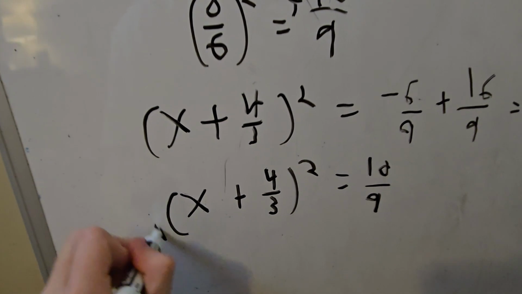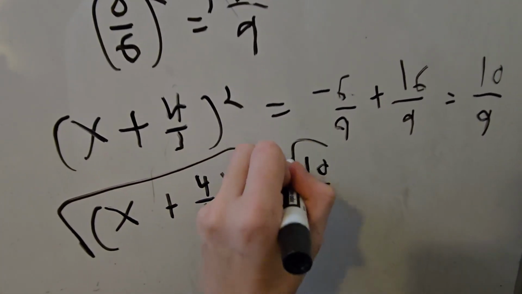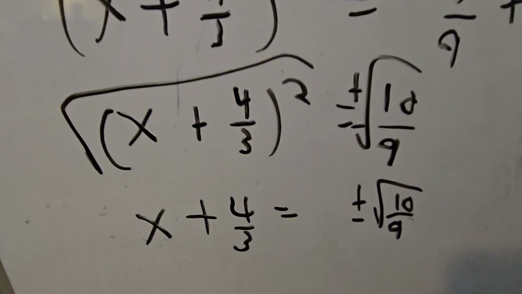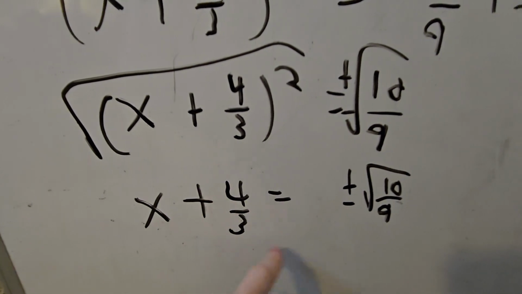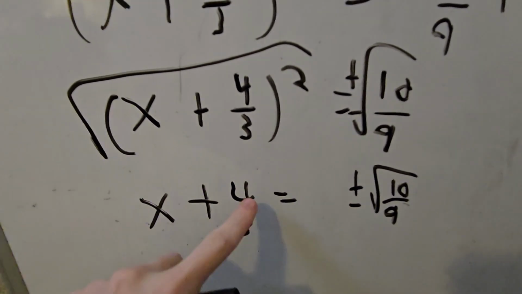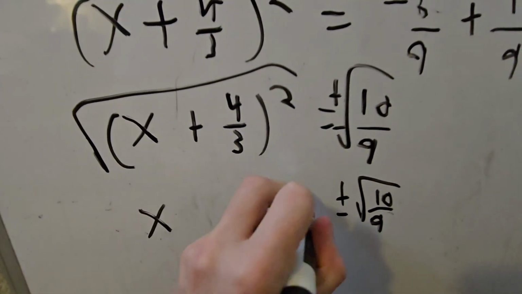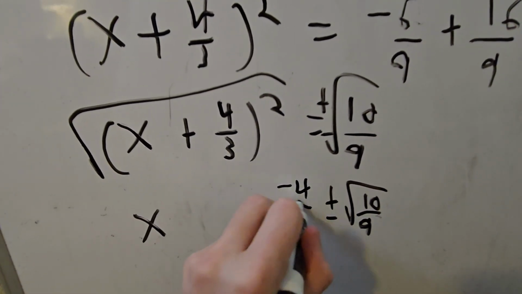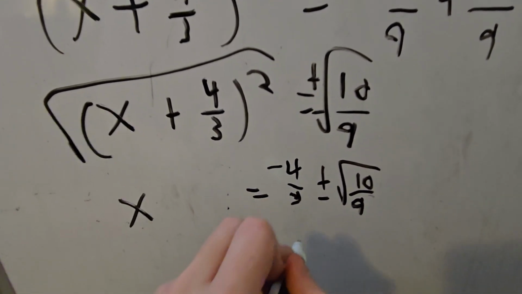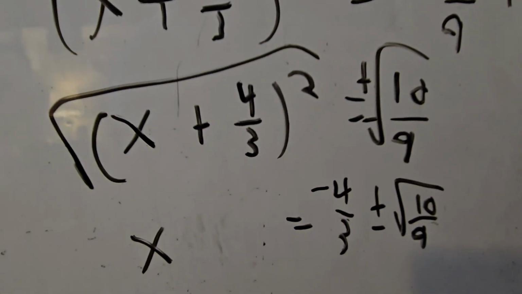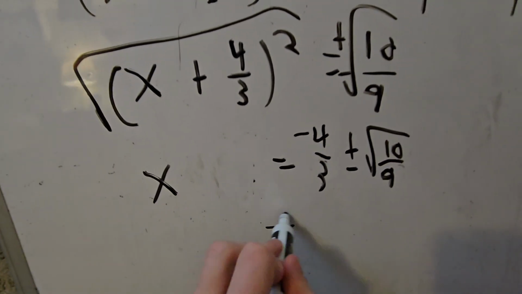Take the square root of both sides, plus or minus. So then we have x plus 4/3 is equal to plus or minus the square root of 10/9. We subtract 4/3 from both sides. So it's going to be negative 4/3. Because why not? We can simplify this even further.